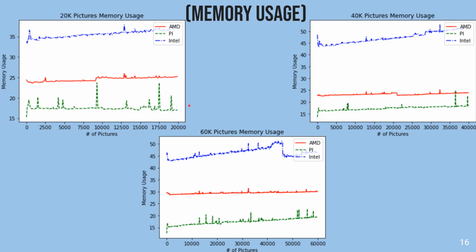It has 8 gigabytes, followed by AMD, which has 32 gigabytes, and a little bit of a curveball that we got here is the Intel, having 16 gigabytes, did come above the AMD. We don't know exactly the reason for this, but it's something to keep in mind and further research.